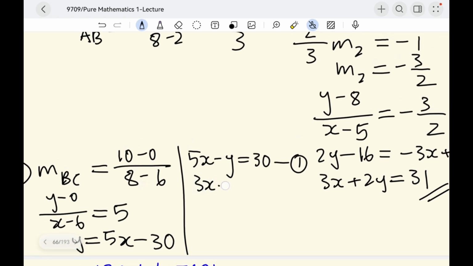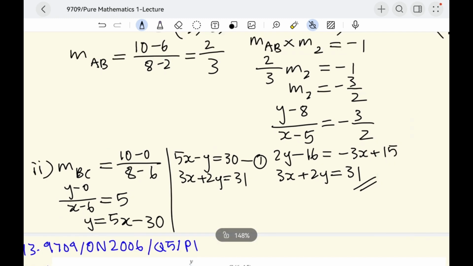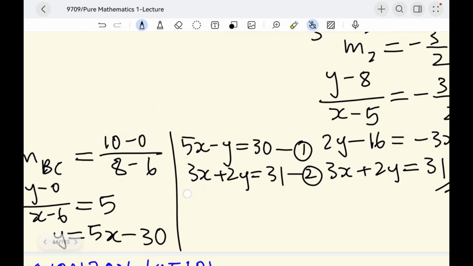Your equation 2 is actually from part 1 that you obtained. And I may multiply the first equation by 2. So I have 10x minus 2y equals 60. Here is your equation 3.